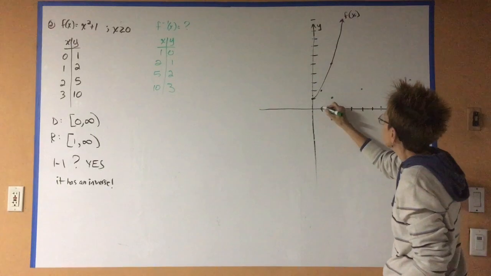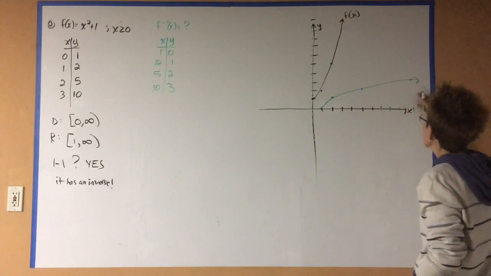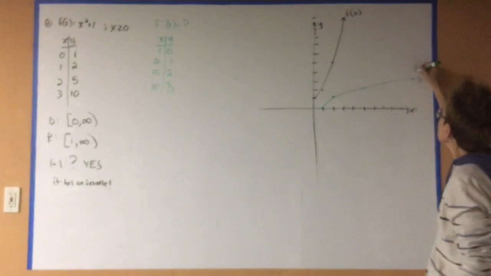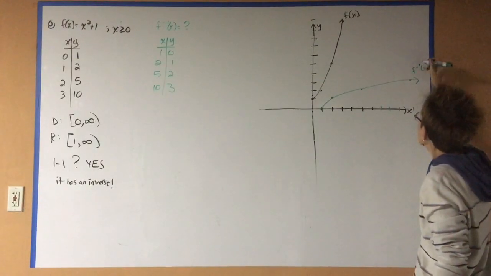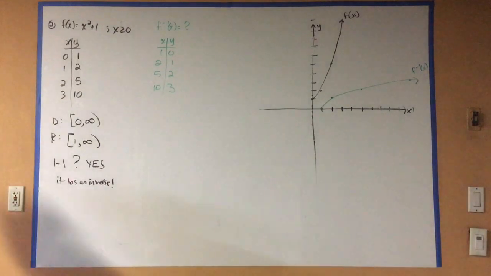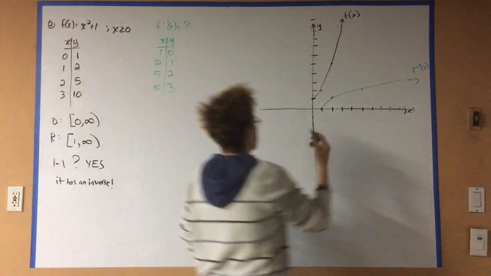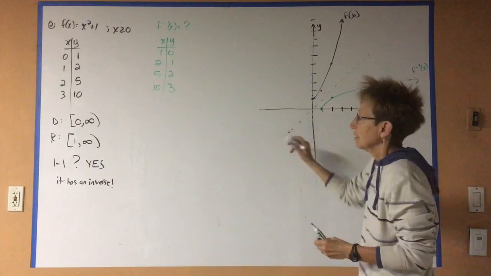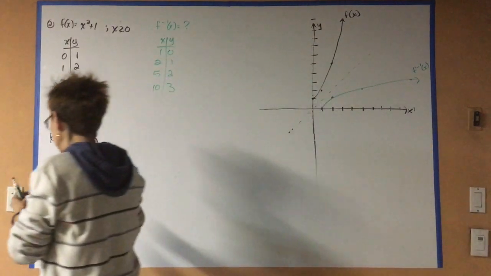So this is just sort of the top half of a parabola opening to the right. Here's f inverse. Again, I can see that they are symmetric about y equals x. So I can kind of draw that in and see that happening if I fold the one over the other on y equals x.